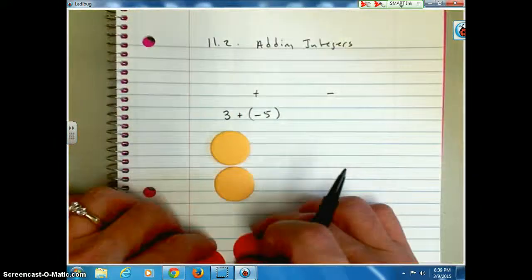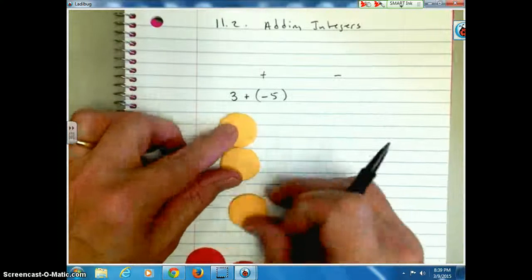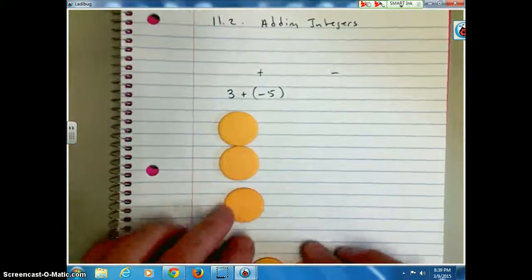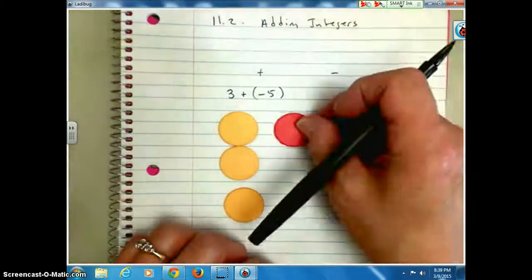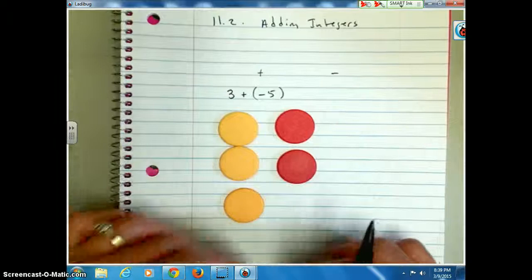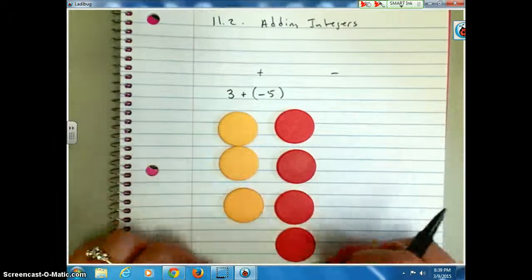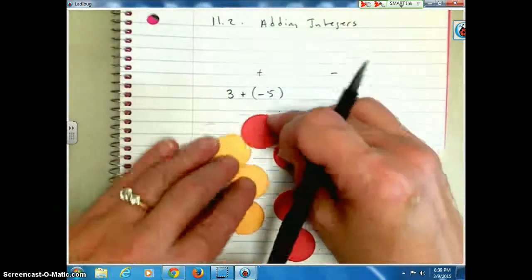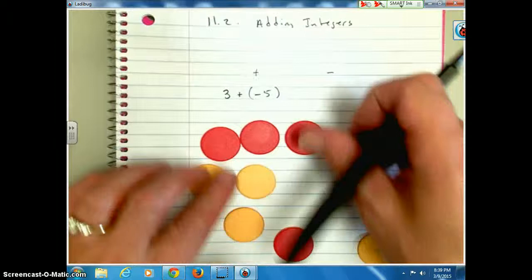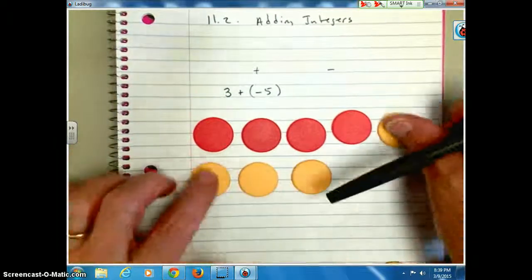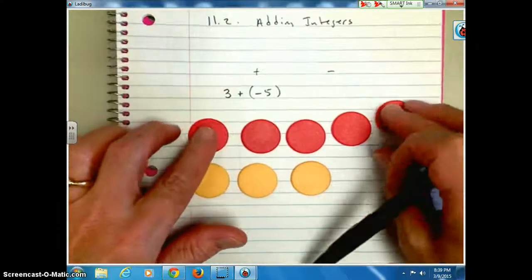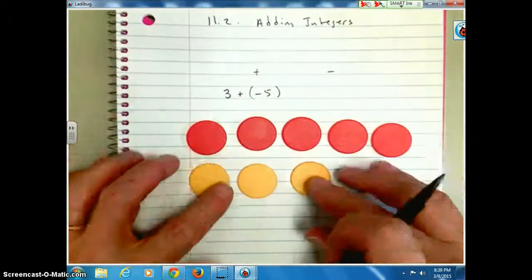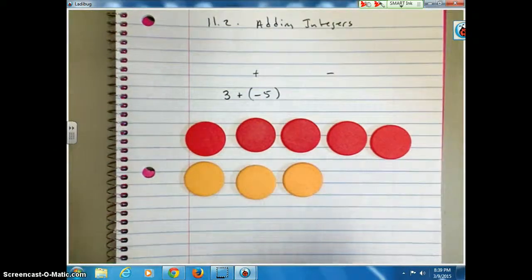So 1, 2, 3. And we're going to add 5 negatives. So we're going to say 5 red chips right here. I'm going to go like this because otherwise I'm going to run out of space here. So 3 positive and 5 negative chips.